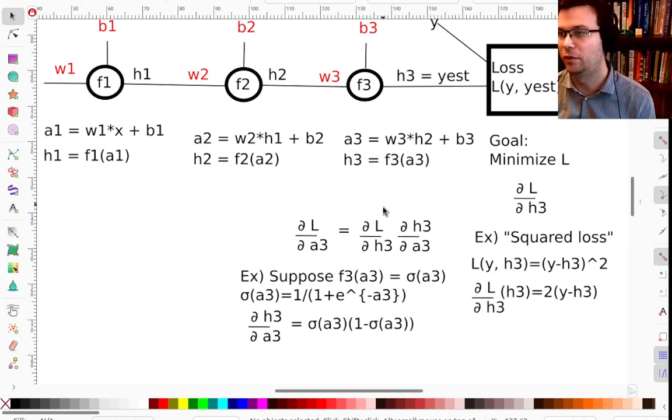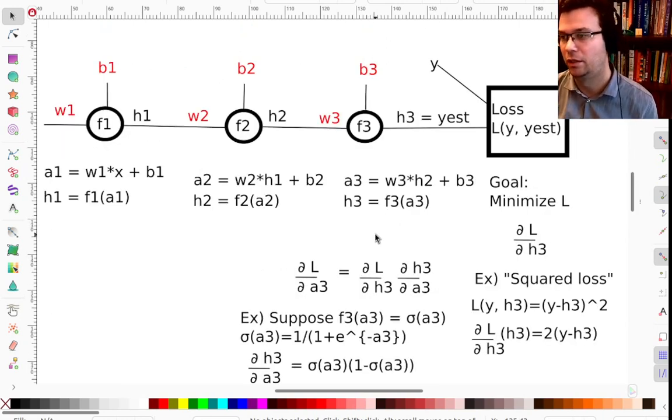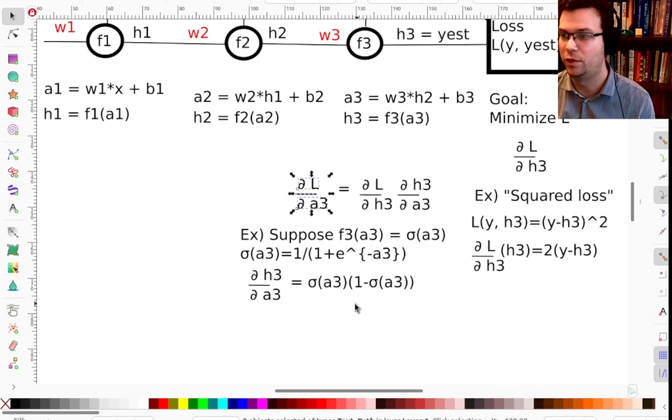So if I look here and I say, okay, now I actually know enough to compute the derivative of the loss function with respect to either my weight or my bias. So let me do the weight first. So let's say I wanted the derivative of my loss function with respect to weight 3.